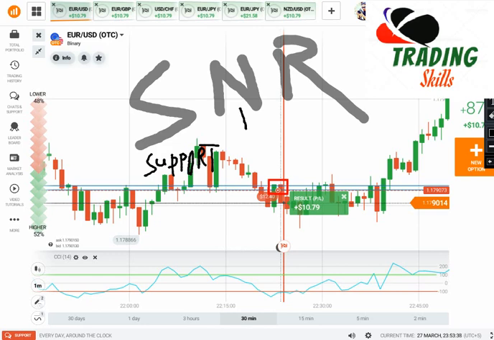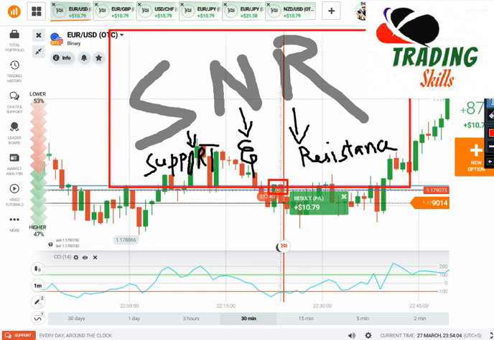N means and R means resistance. So this is a support and resistance. I think this point is clear to you all. So what is SNR? SNR is support and resistance.